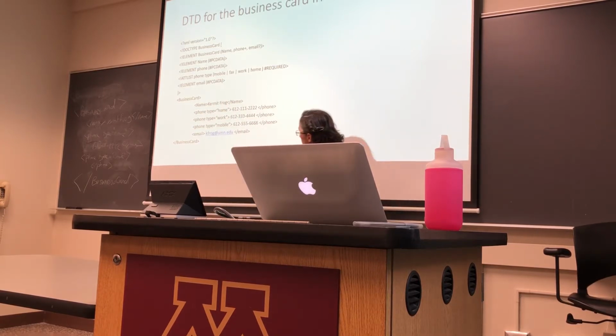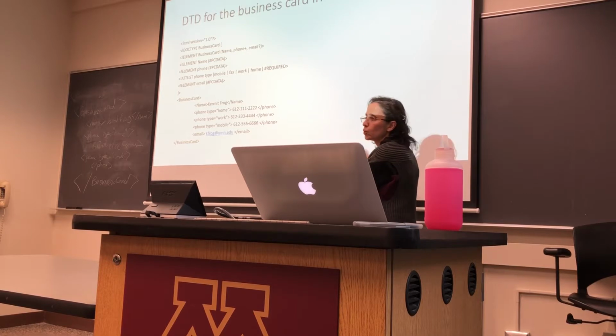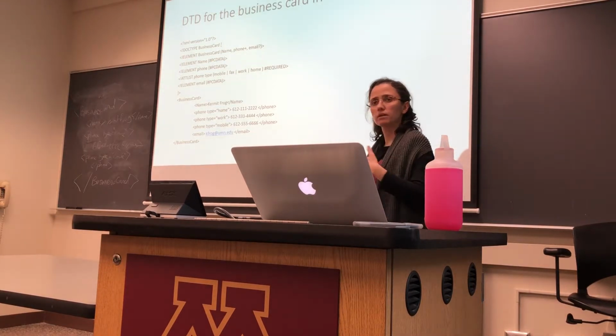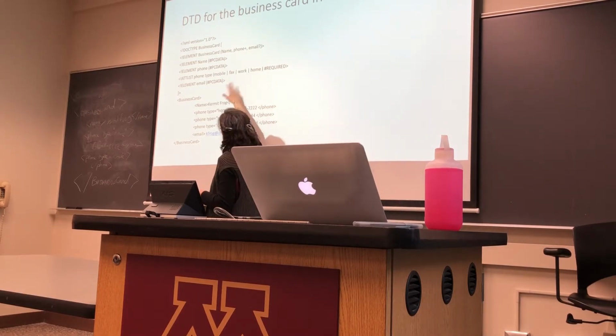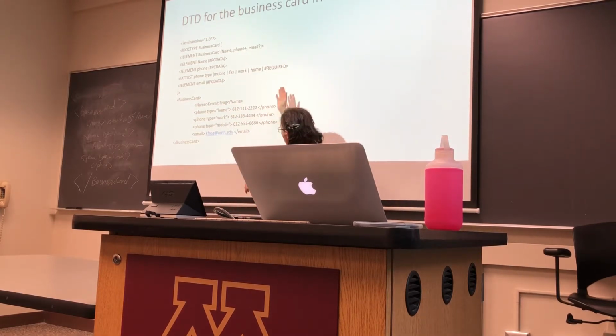If someone's phone type is, I don't know, school or whatever, that is not going to be accepted. It can only be one of these 4 phone types. And for example, I'm saying that it's required, I have to have a value for type.